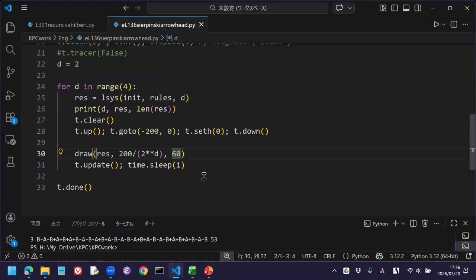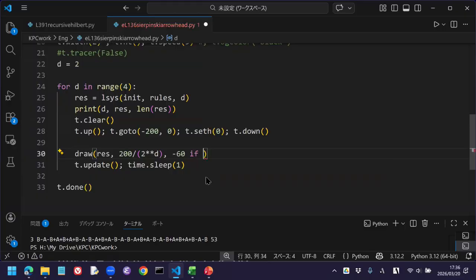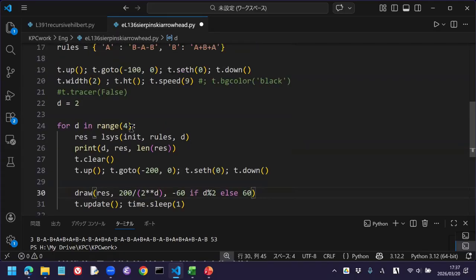So I should write it like this: it should be negative 60 if D percent 2 is 1, otherwise it should be positive 60. This will actually work well. Let's try to see how it changes. Okay, it changes the flipping. And let's change this to 7 and see how it works.